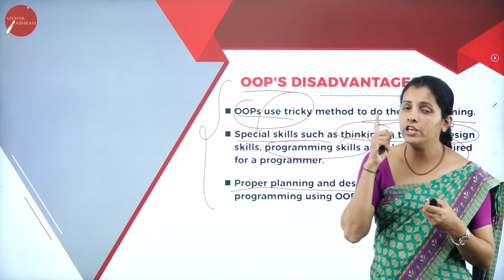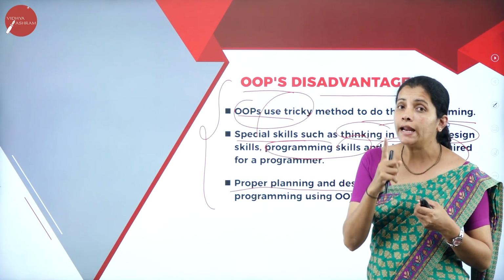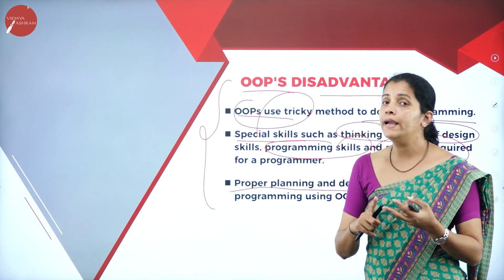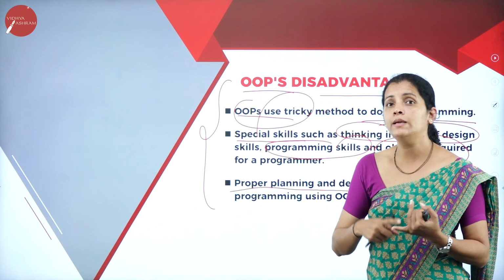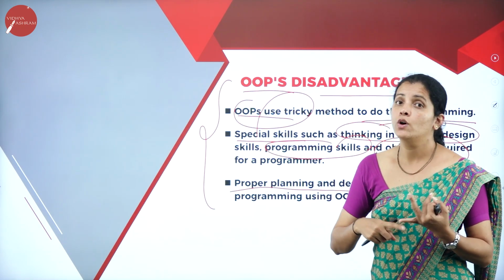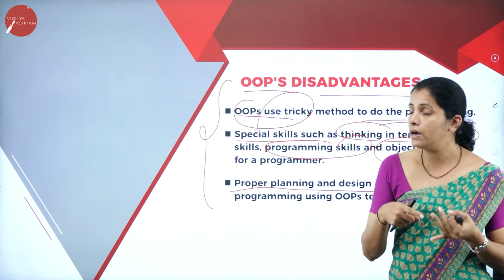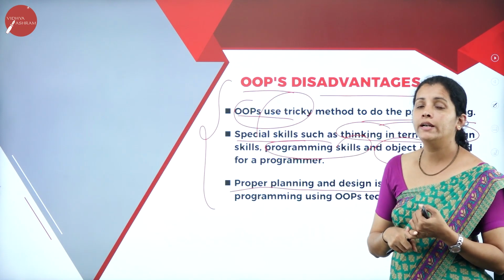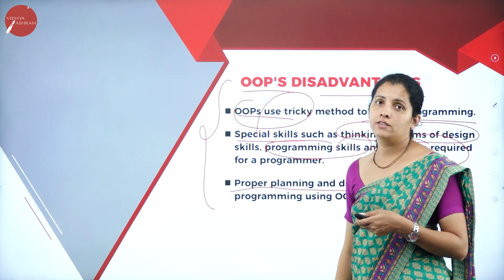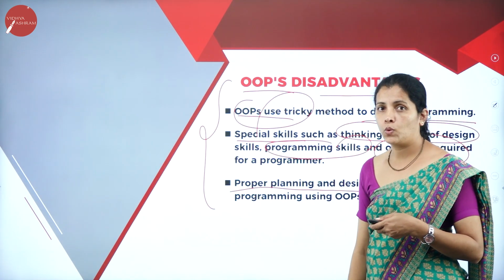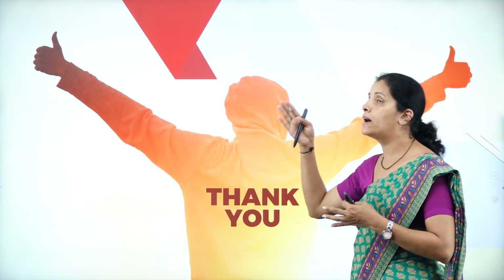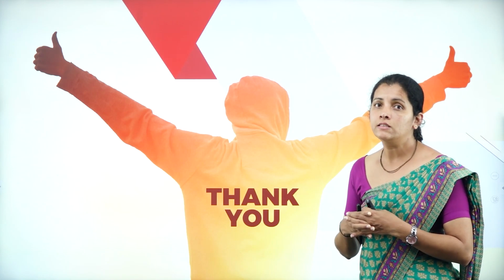And from the examination point of view, the characteristics of OOPS are very important. Then we had a discussion regarding the benefits of object-oriented programming. Along with that, we discussed the advantages of object-oriented programming languages. Then the disadvantages of object-oriented programming. This is all about today's session, and this is the end of Chapter 6.